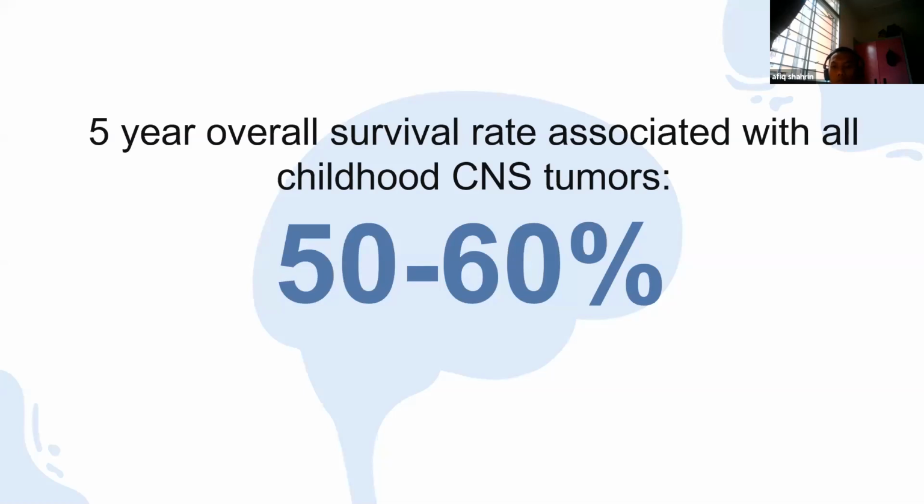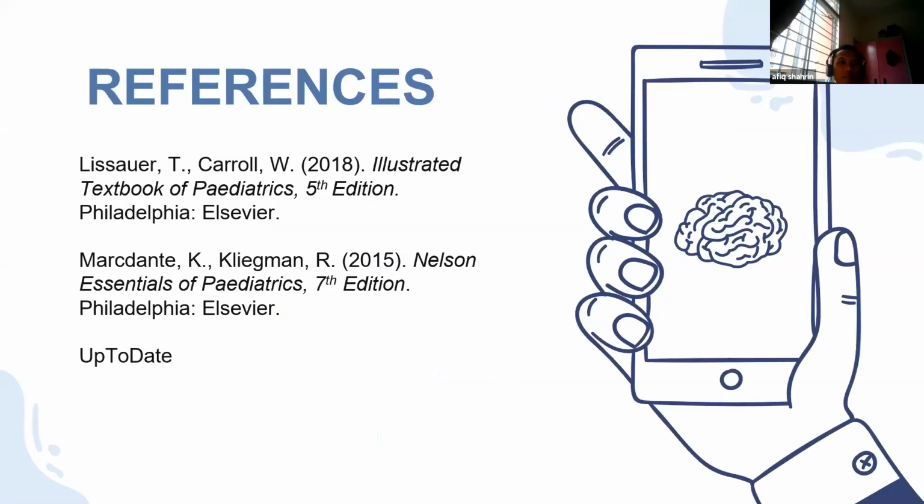However, in certain types of tumor, for example brainstem glioma, because of the activity of the tumor itself, the survival rate may be less than 10%. Okay, I think that's all for brain tumor.